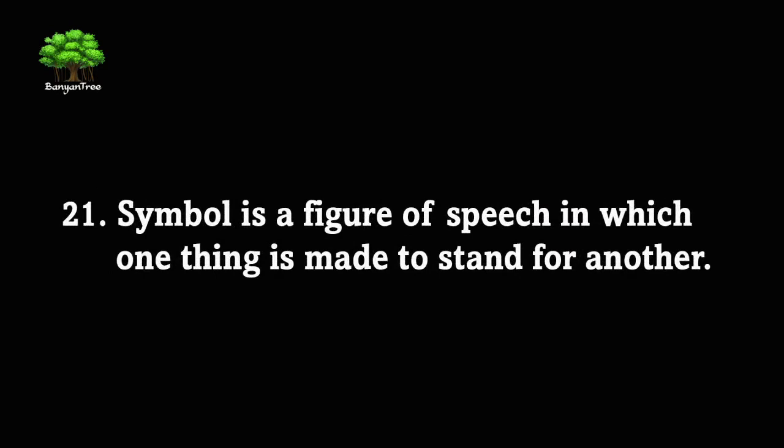Symbolism is a very important area, and I intend to engage an independent class on it. For the time being, I shall define symbol as a figure of speech in which one thing is made to represent another, in which one thing stands for another.